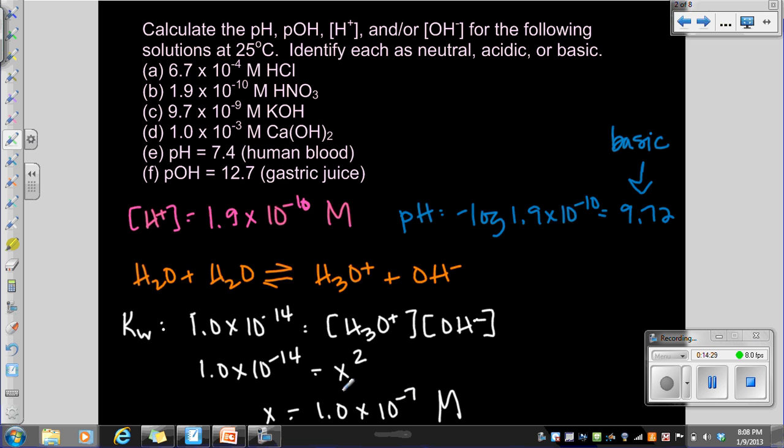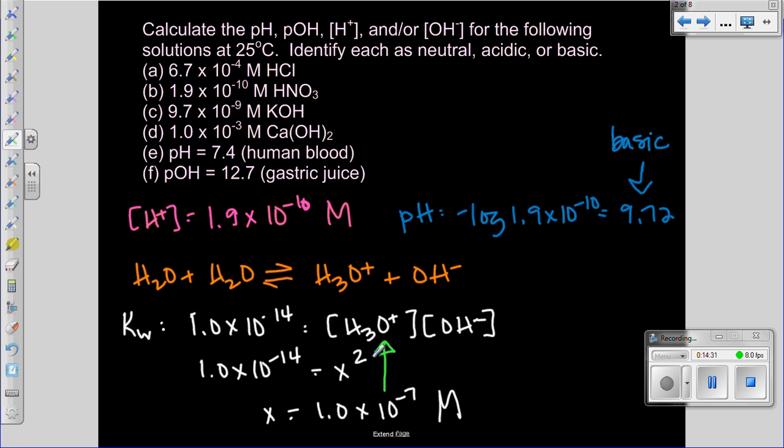Now what this means is that the concentration of hydronium is 1 times 10 to the negative 7th molar, and so is the concentration of hydroxide. If I do the negative log of this number, I am going to get a pH of 7, which would be a neutral solution.